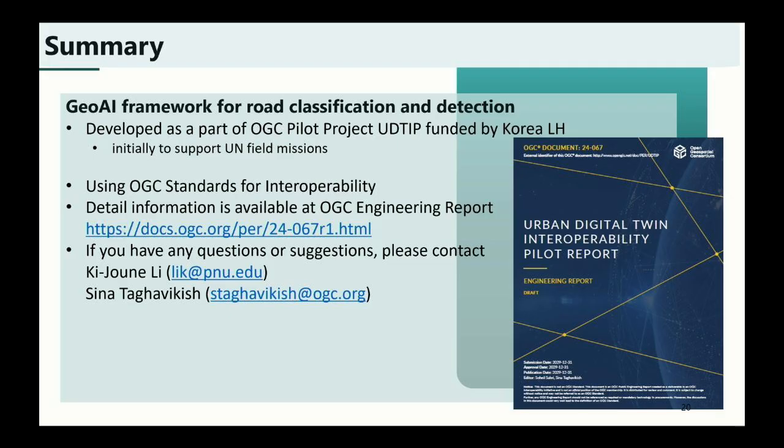Whereabouts were the roads that you studied? Where were the roads? Which country or which part of the country? So there are 2. The first is collected from Colombia. The officer from UNVMC, the UN mission office in Colombia, Bogota, the capital of Colombia.